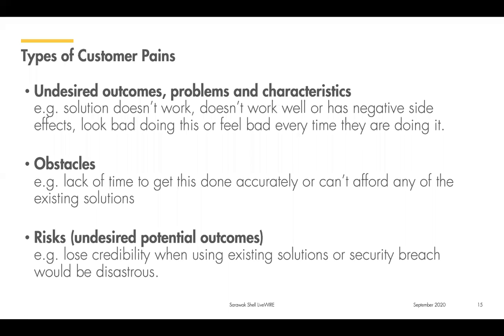So these are some types of customer pain. Undesired outcomes, problems, or characteristics. Some examples: they get something and it doesn't work, or doesn't work as well as they expected, or there is a negative side effect, right? I do this, but I could not do that. For example, if you're on a Mac like me, one of the undesired outcomes of using a Mac is when people ask us to go on Skype. It's not that friendly, meaning it doesn't integrate well.